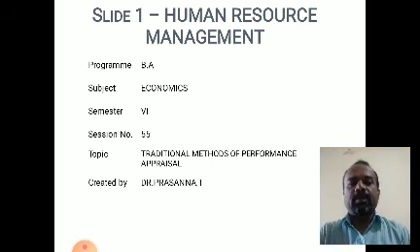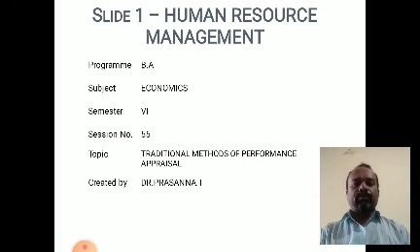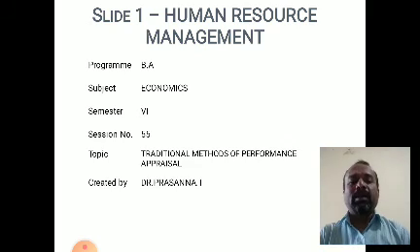mainly in a three-way, where the performance appraisal can be done particularly by the human resource manager. The thing is, much importance is given to performance appraisal as far as the employees are concerned.